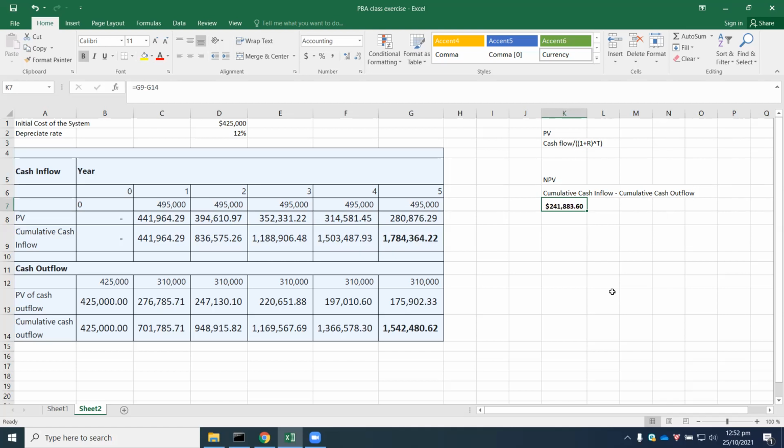So by looking at the value, what do you conclude, or what do you have to say? Whether implementing the system is profitable to the organization, or is it a loss? Monish, what about your views on this?